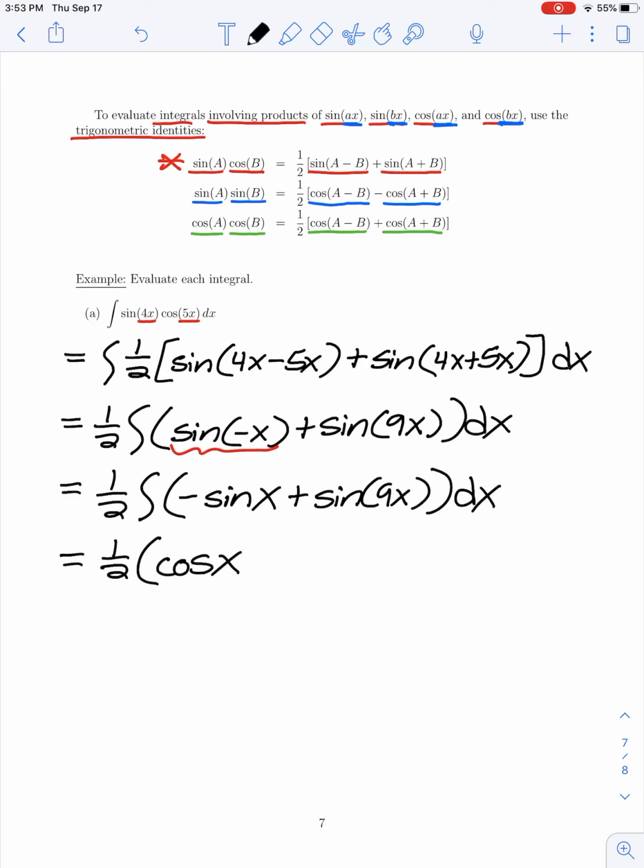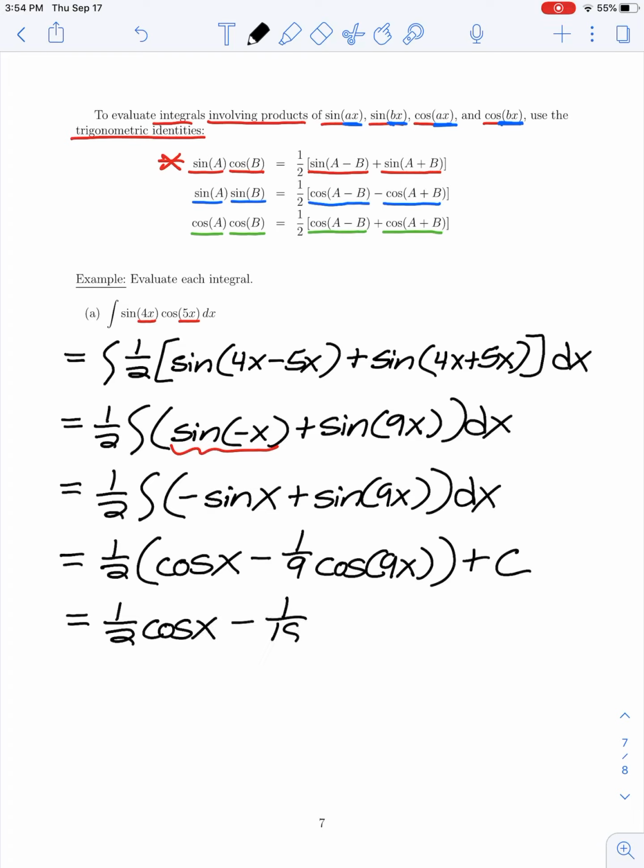And then the antiderivative of sine of 9x would be minus 1/9 cosine of 9x. After evaluating my integral, I want to include a constant of integration to get the most general antiderivative. If I want, I could distribute this factor of 1/2, so I would have 1/2 cosine of x minus 1/18 cosine of 9x plus c.